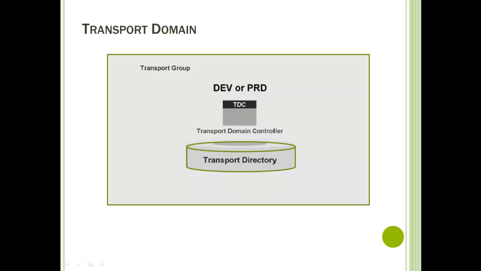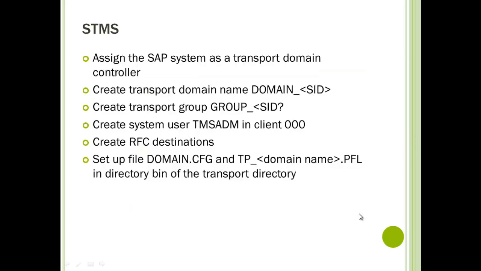So now let's see what are all the things which will be done as part of TMS. First thing we need to remember is that TMS configuration is done in the system client 000. When you run the STMS transaction code in the system after installing, it will automatically prompt you to initialize the TMS.